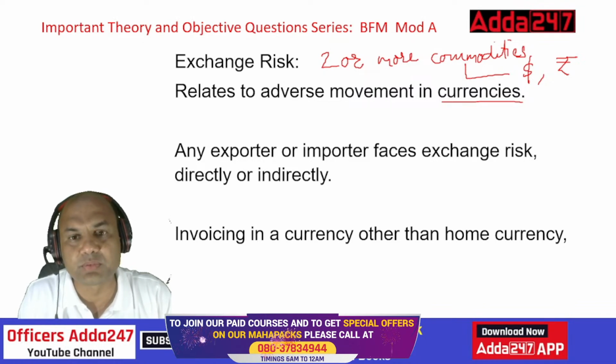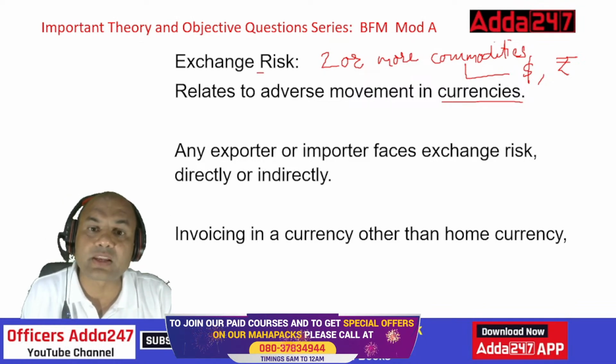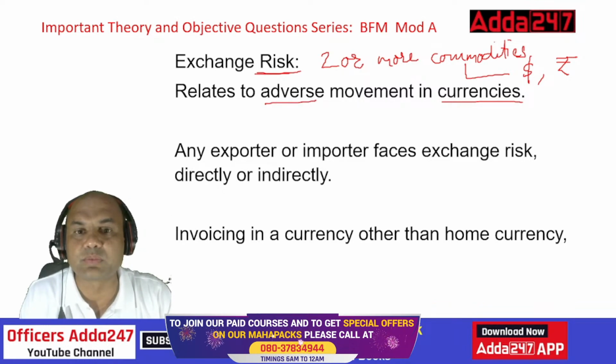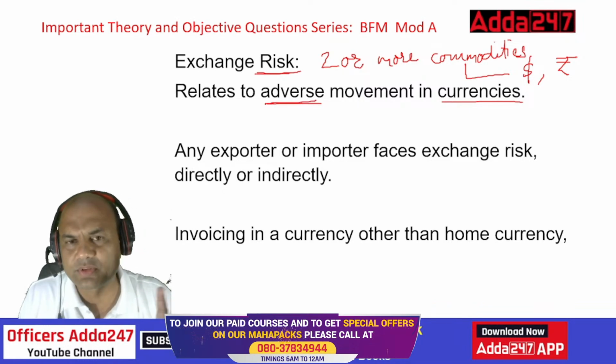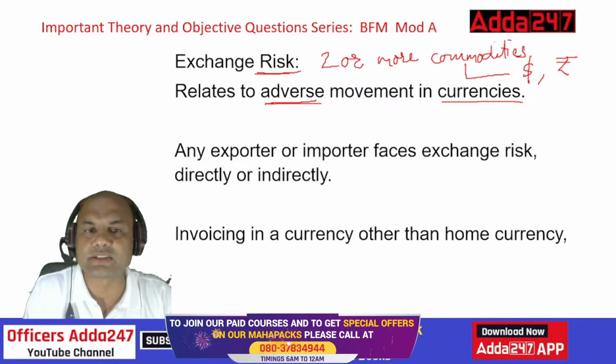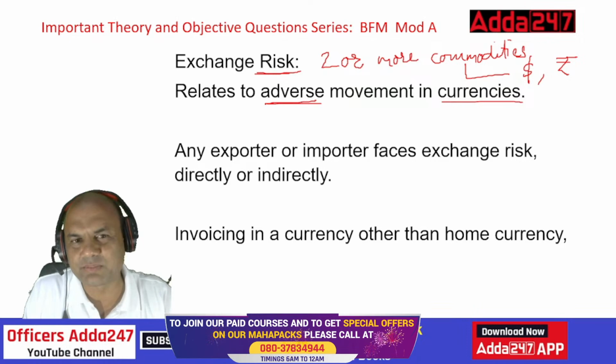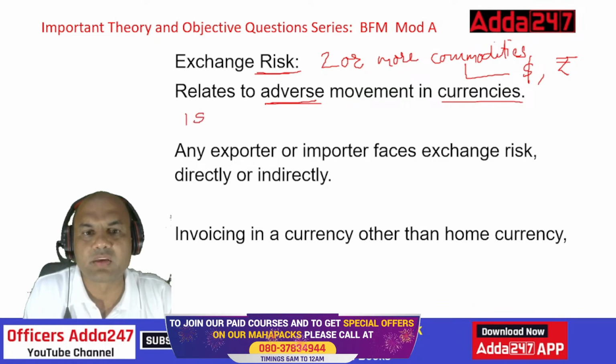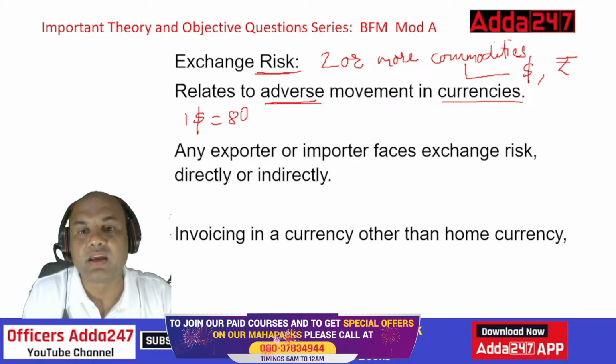What do you mean by adverse movement? Now see here, I am talking of risk. Risk means it's adverse movement. I'll give you a simple example. Suppose I bought $1 for 80 rupees. This is what I have bought. And now this dollar rate goes to 85.